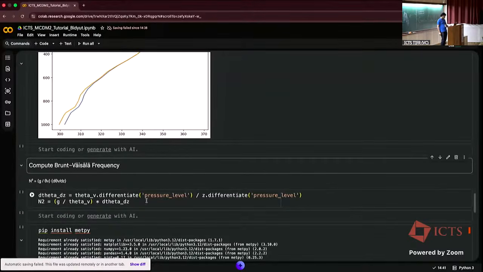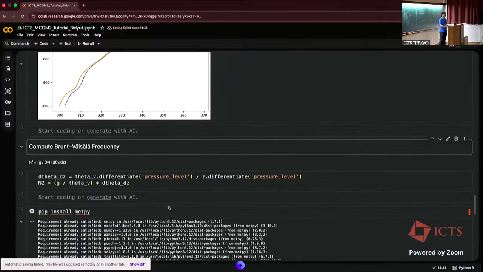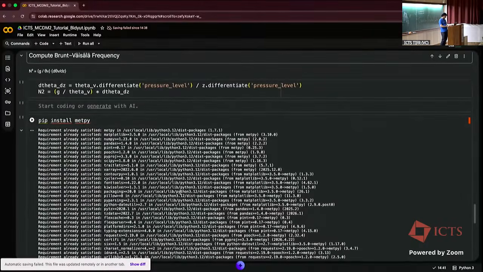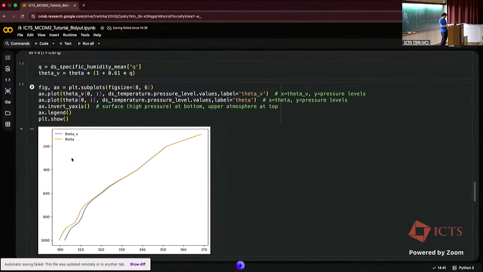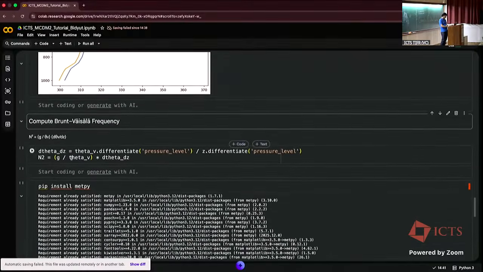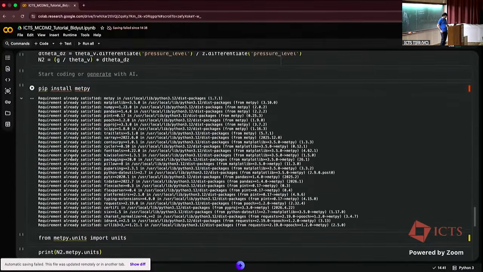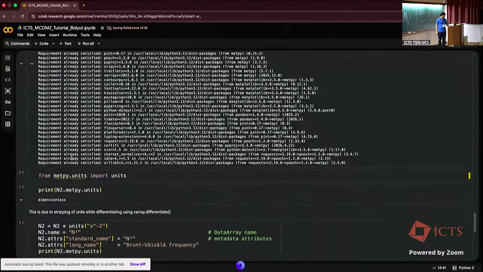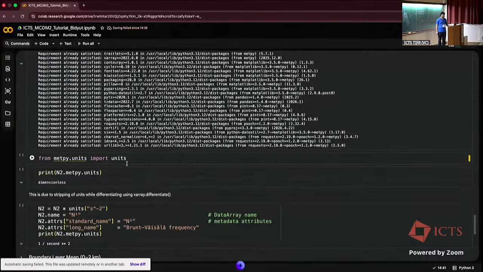And here, just for the sake of plotting it in a nicer way, I installed MetPy, which gives us nice units and everything for meteorological variables. From MetPy, I just imported units.